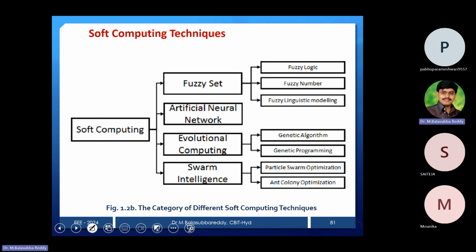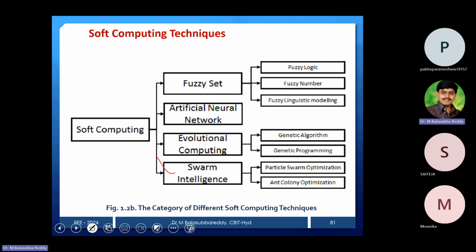In evolutionary computing, you can use genetic algorithm, genetic programming, and swarm intelligence. This is very popular now, and a lot of techniques are involved in it. Particle swarm optimization, ant colony, cuckoo search algorithm, like that. We will get a lot more algorithms in swarm intelligence.